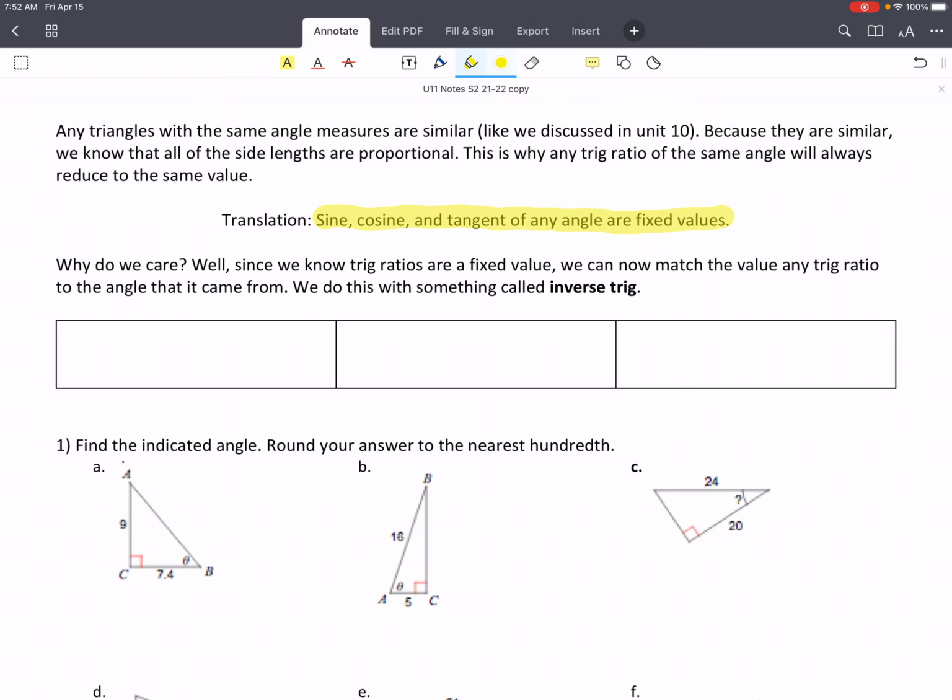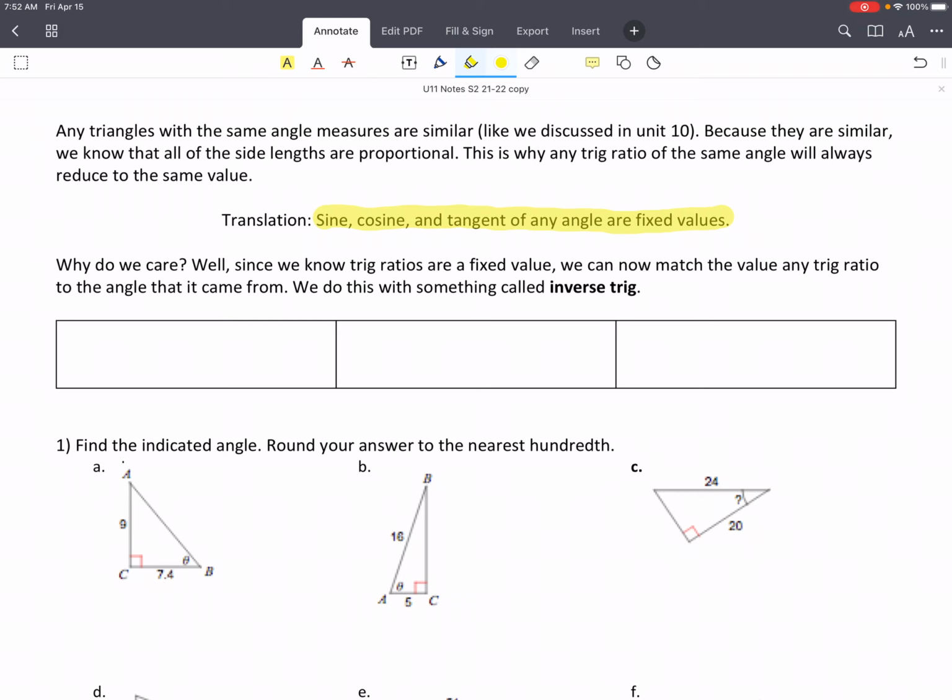We can do this by using something we call inverse trig. So what does that mean? Basically, knowing that the trig ratio for any angle is a fixed value, we can solve for that angle. And because we can solve for that angle, we can use inverse trig, which is very similar to the inverse operations that we've been doing for a while now.